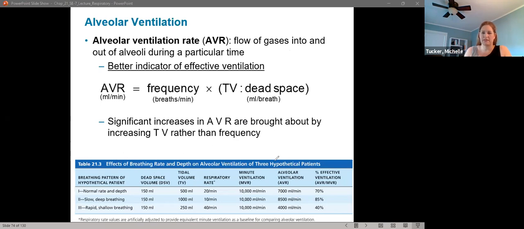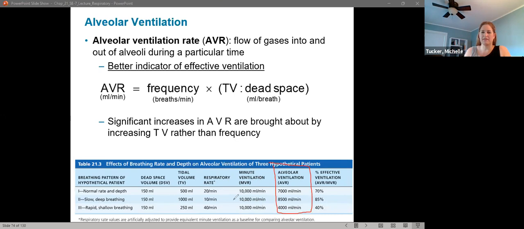What this chart is trying to show is that you could increase the amount of air going in and out of your lungs in different ways. You can do slow, deep breathing, and normal breathing, and rapid, shallow breathing.